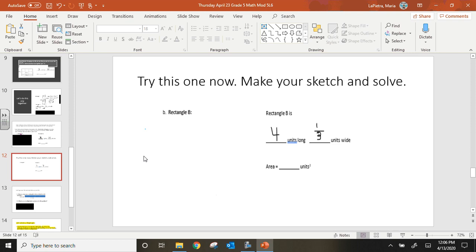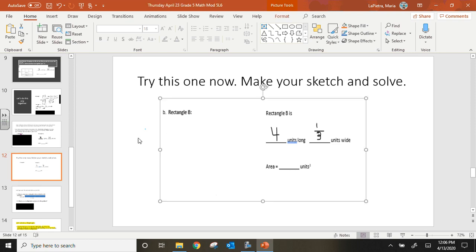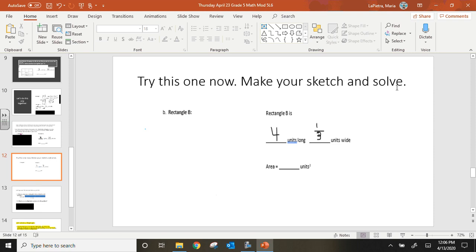Okay, try this next one now. Make your sketch and solve 4 units long, 1/3 wide. Go ahead and pause it again. Sketch it for me, draw, and then label with units squared and tell me what you got for an answer.